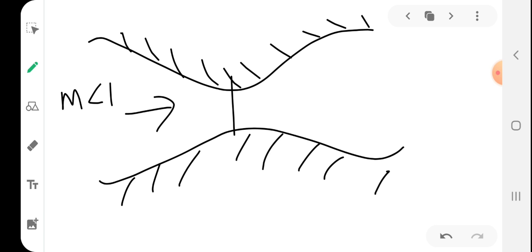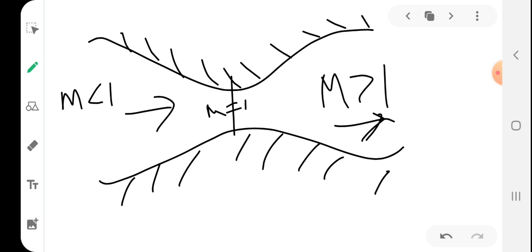So here M will become 1, and after that, since the passage is diverging, it will act as a nozzle again. A converging-diverging passage acts as a nozzle if the inlet Mach number is less than 1.